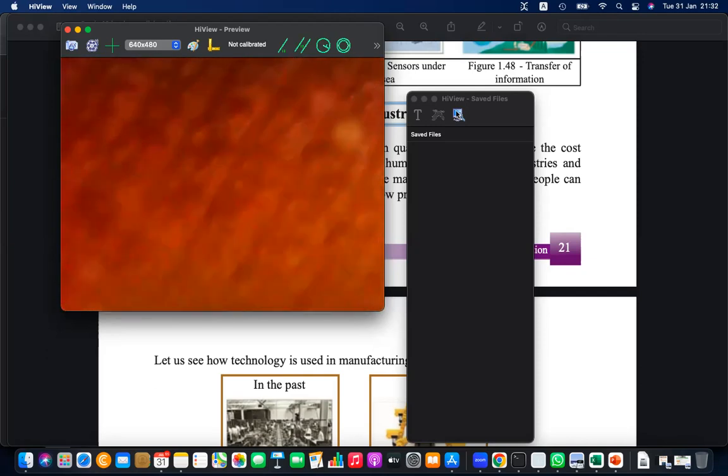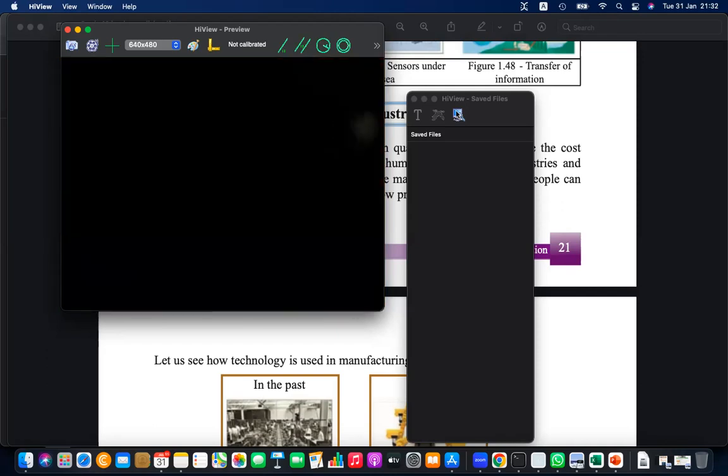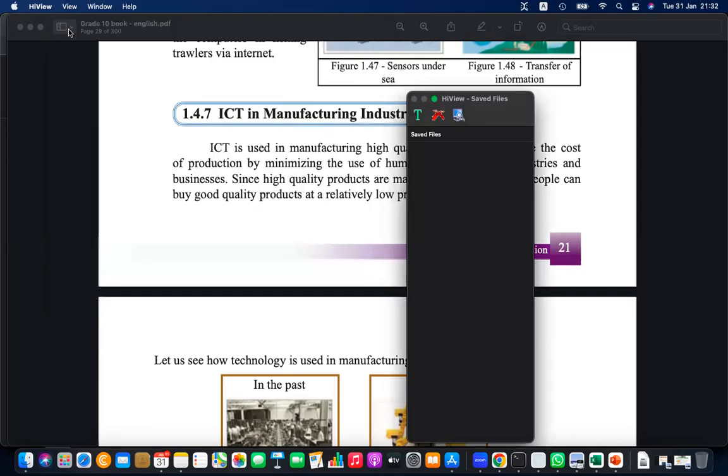These are some examples. This is actually for education and also for medicine. For education you can use it. Different usages. Okay. Right.